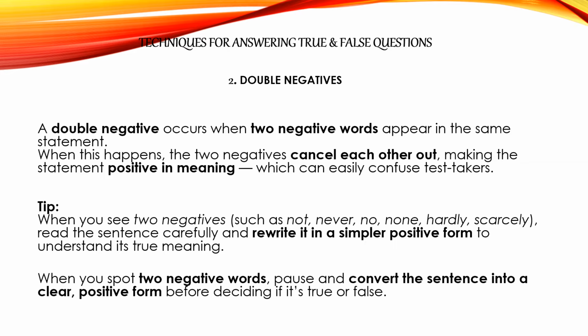Right, so here are the tips you probably have to get to know before you can answer a question involving two negatives. It says that when you see two negative words, such as not, never, no, none, hardly, scarcely, all these words are negative, you need to read the sentences carefully and, if possible, rewrite in a simpler positive form to understand its true meaning.